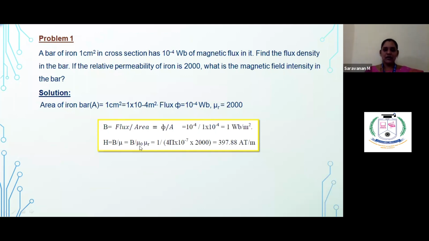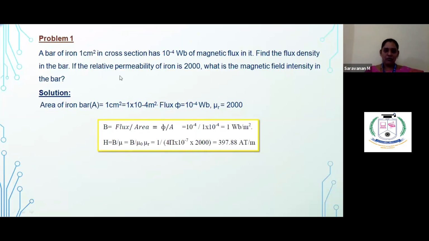Mu naught is the absolute permeability, which always has a standard value of 4 pi into 10 to the power minus 7. And mu r is the relative permeability, and the relative permeability for air is always 1. Please remember, the relative permeability value for air is 1.